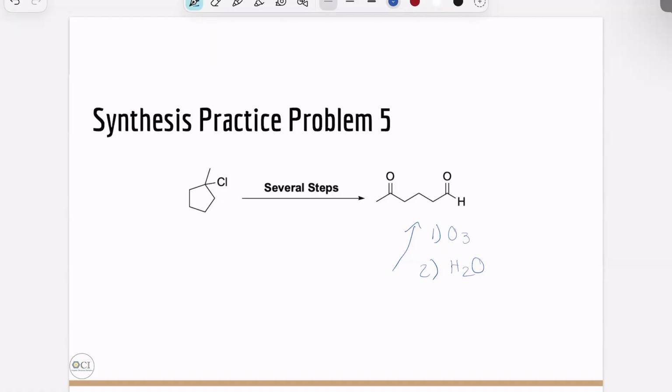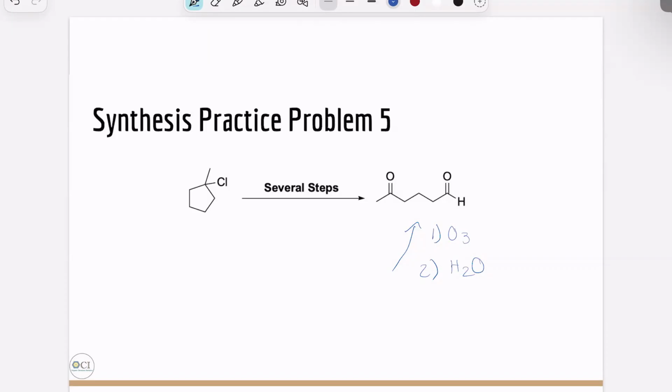Wait, what'd you say? So we already have Cl, so well, you don't add that unless... yeah. If we had an alkene and we were trying to form a chlorine on there, then we could add HCl. Yeah, but here we want to do the opposite of that. So instead we're kicking off the chlorine. So how do we do that?